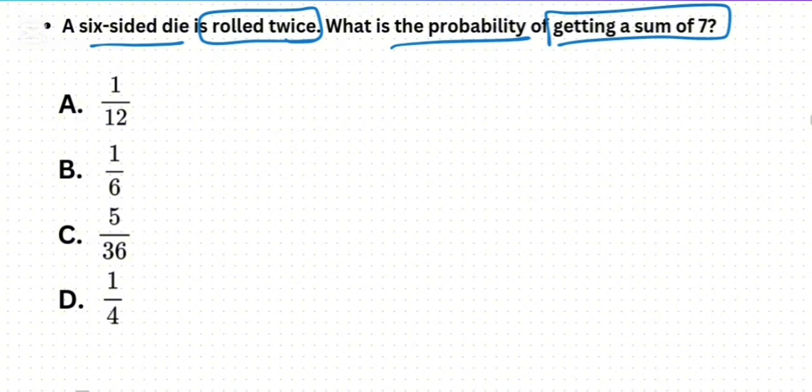So firstly we will write the possible pairs for a sum of 7. So the possible pairs, which is a favorable outcome, because they are asking chances of getting a sum, so this is a favorable outcome, na? So firstly we will find the possible pairs. Let me erase it.